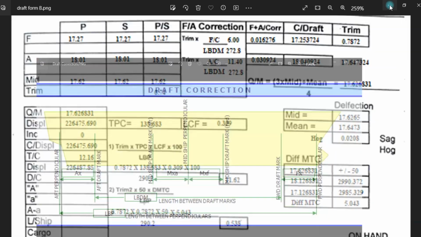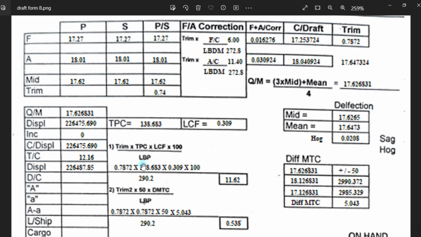This will be your LBP. Okay, so that will be LBP is 290.2. So again, double check, your trim is 0.7872, which is this one, corrected trim, and your TPC will be 138.683, which is this one, from your quarter mean drop.